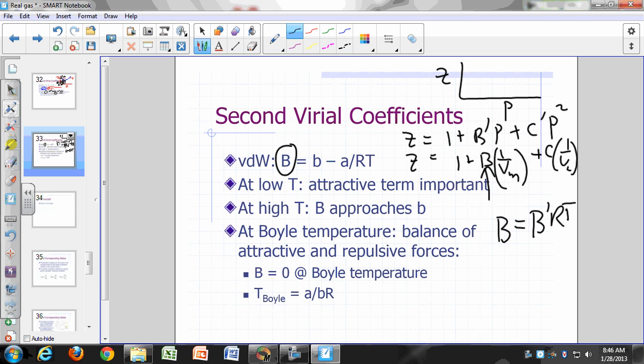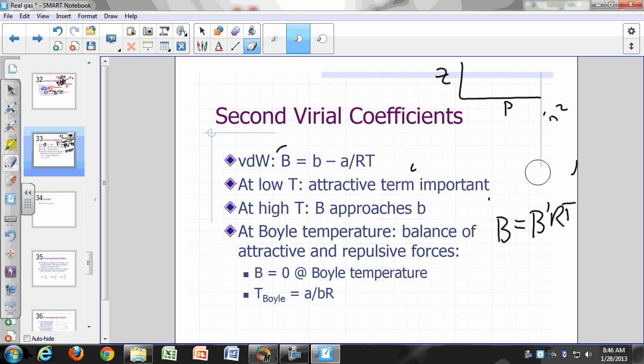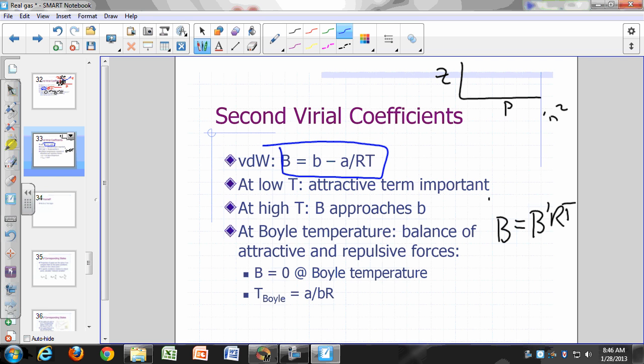Now, for a gas that obeys the van der Waals equation, you can show that your B, the second virial coefficient, can be expressed in terms of the van der Waals parameters b and a. So it's b minus a over RT. What did we say b was, the little small b in the van der Waals equation? What does it account for?